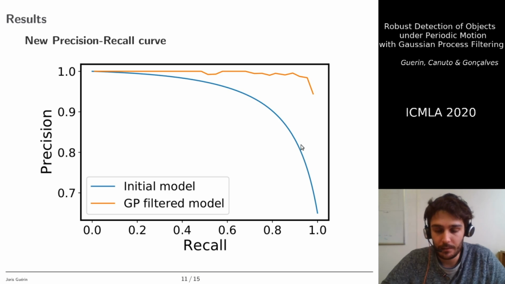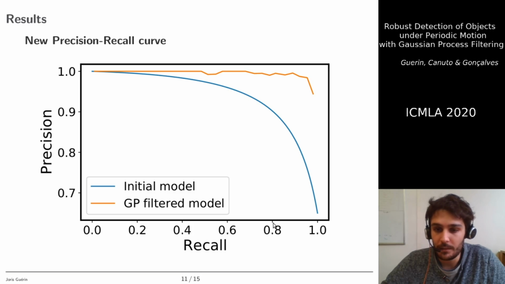So how do we do this? Let's say our point of functioning during training was 0.8 in recall, with a precision of 0.9, which means we had 10% of mistakes. Using the filtering that we developed, we can remove all these mistakes, which means that the precision gets higher for a given recall.